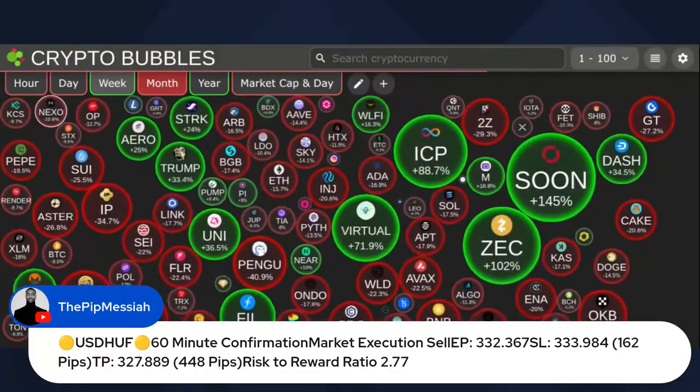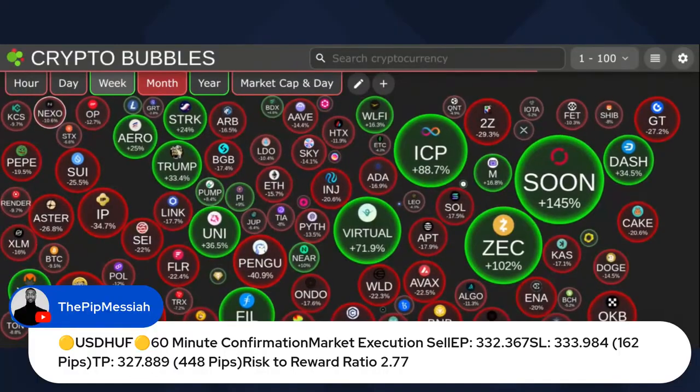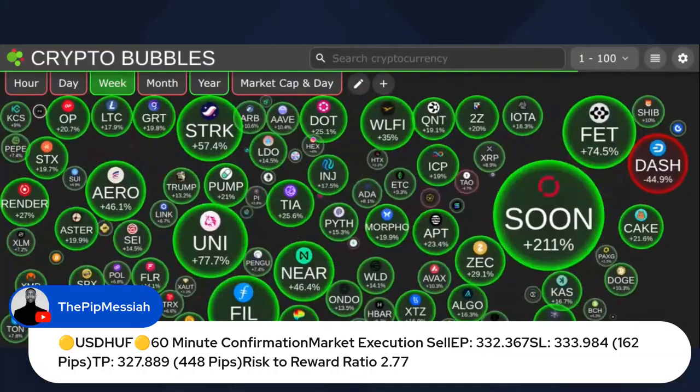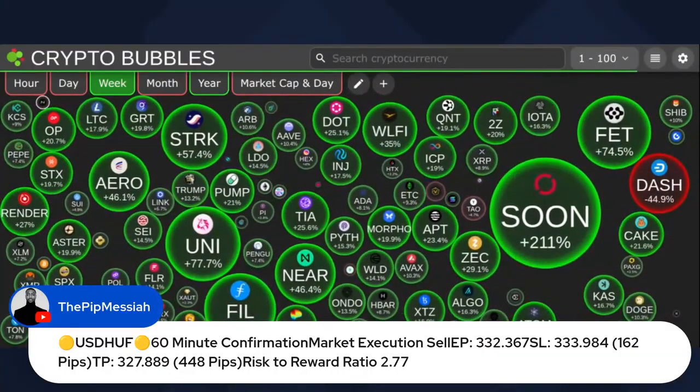For the month, you've got money flowing into several different coins. For the week, you can see right here, money's flowing into a crap ton of altcoins.